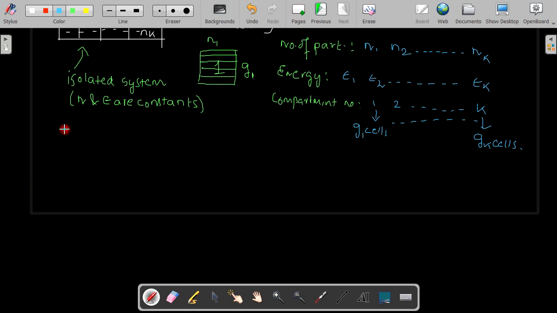Okay, now the question is a very important question, which will actually clarify things here. How can we arrange n1 particles? So that means n1 number of students, you can say, in G1 space.